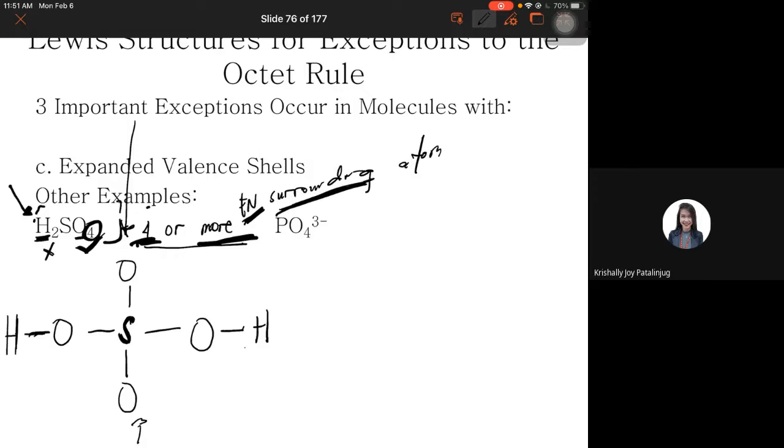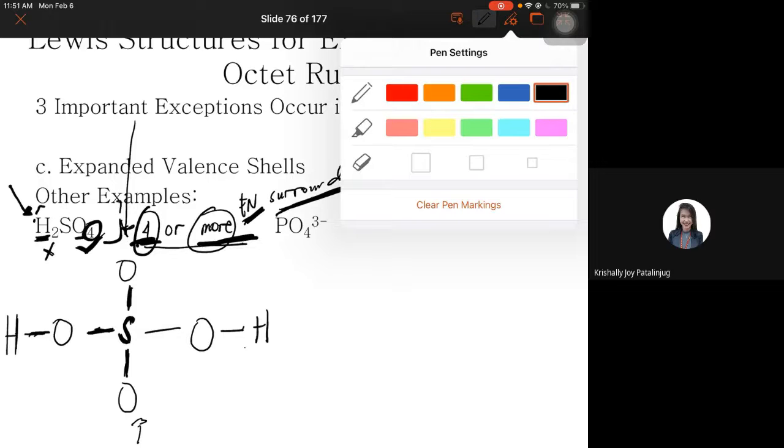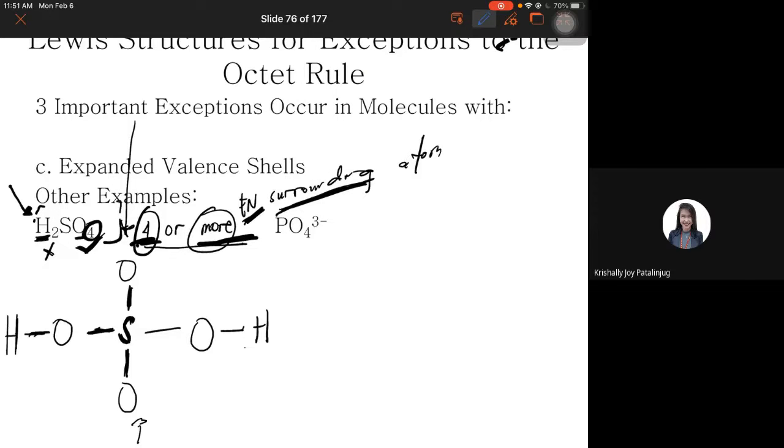If it is 4 or more, yung apat na yan or more of that electronegative atom, sila lang po yung directly attached to the central. Yung hydrogen automatically will be the most superficial, pinaka-external atom. Okay? So this is the best arrangement for the atoms in this given example, sulfuric acid.